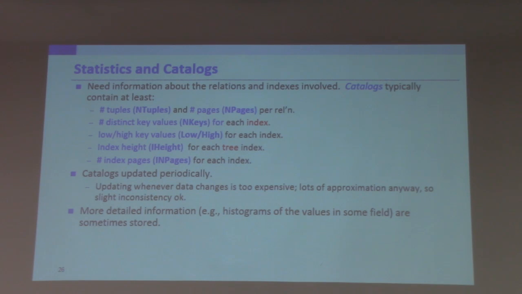These are just some basic forms of statistics that the database system maintains. And later on, I will discuss more sophisticated information that the database actually needs to maintain in order to do query selectivity estimation, such as histogram.